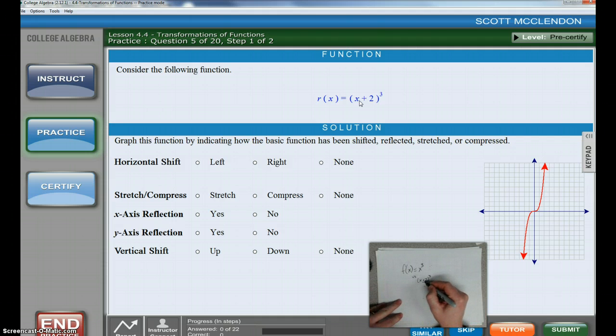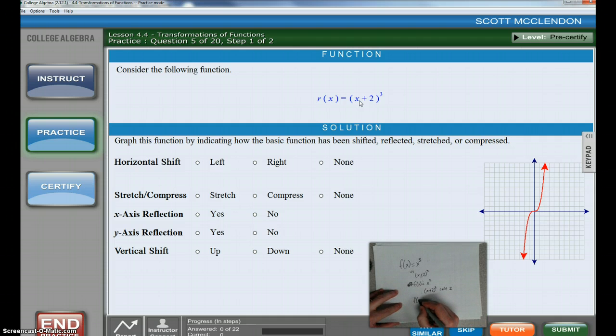It's sort of like those circles. You remember how this number was opposite what it said there. If you're basing it off of x squared, it'd be x plus 2 squared. That's how you get a left 2 shift.